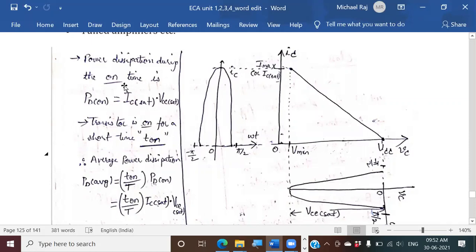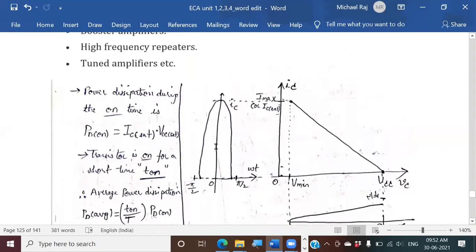So the on power will be IC sat into VCE sat. Voltage into current gives power. So that is the on power, right? And we know that the transistor is on only for a short duration.